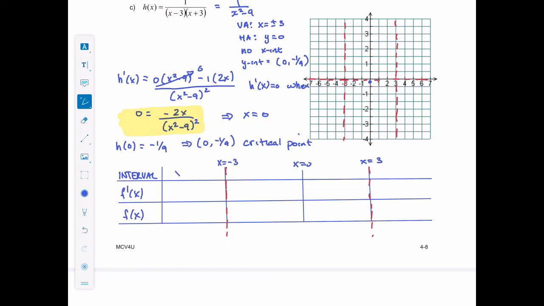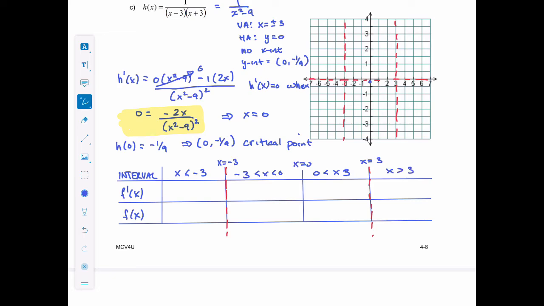So we know that these values will be when x is less than -3, x is less than 0 but between -3 and 0, and x is between 0 and 3 here again. That's -3, this one's going to be +3, and x is greater than 3.